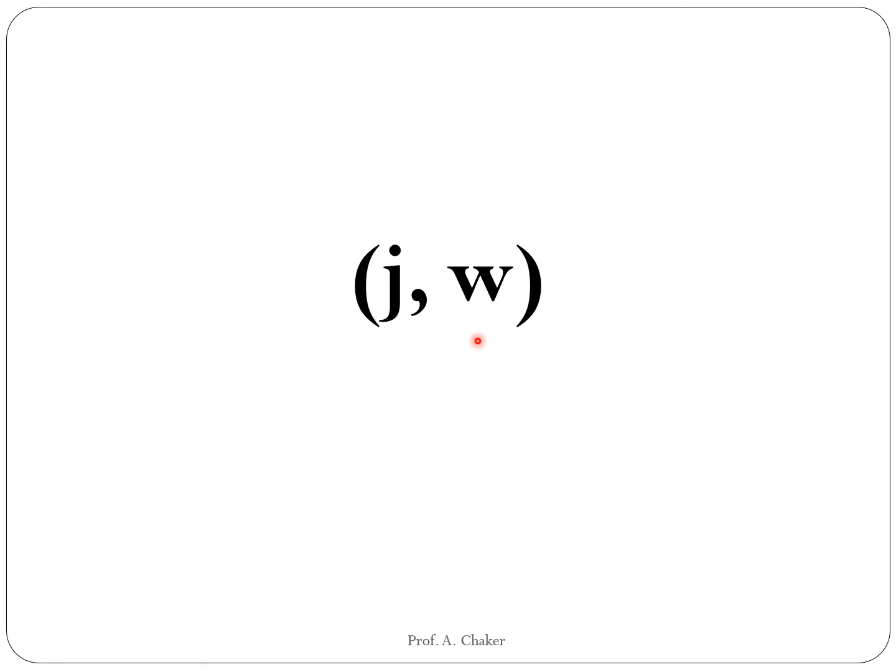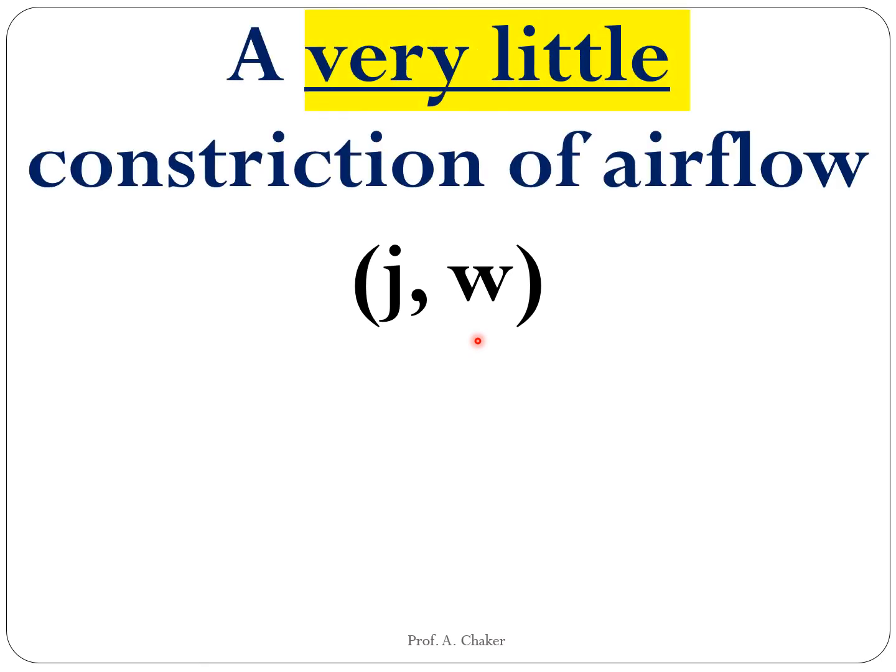Y and W. Now here, there is a very little constriction of airflow. This is why they are sometimes called semi-vowels. Okay, they resemble the vowels in the sense that the airflow passes freely, almost freely. There is a very little constriction of airflow. You know that in the production of vowels, air passes freely without any obstruction, right?